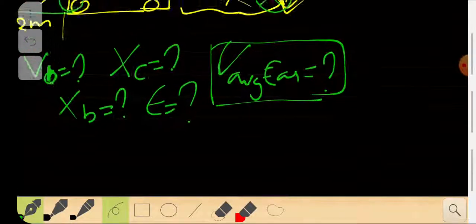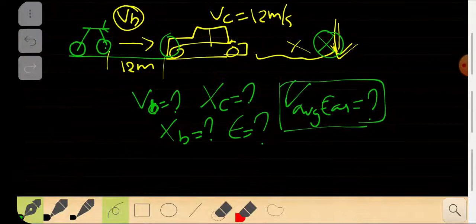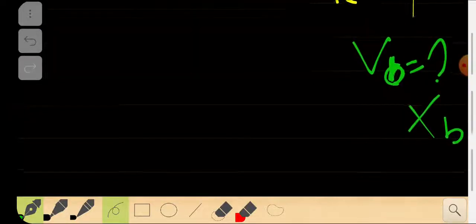What we are given is the acceleration of the car.